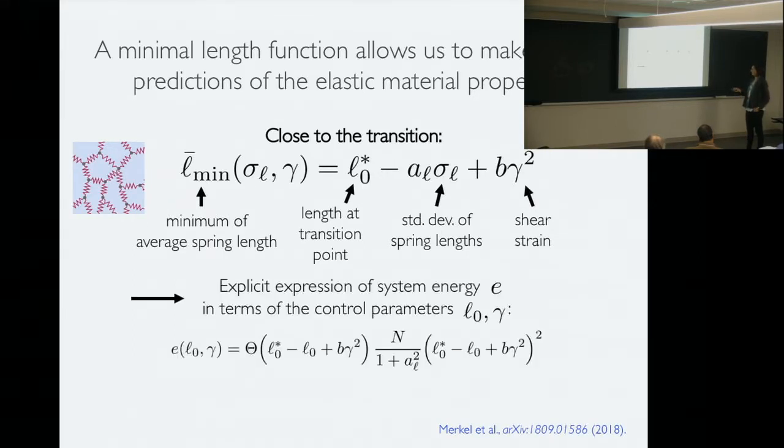Okay. So the cool thing is that you can express the total energy of the system in terms of these control parameters, which are the isotropic compression or the spring rest length and the shear strain.